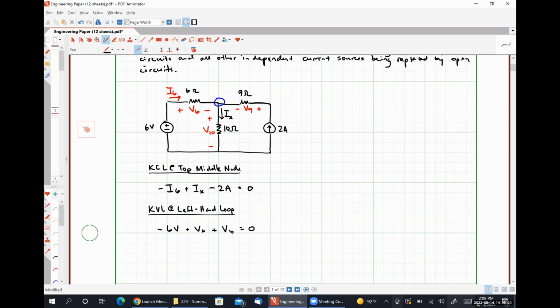And I now have 2 equations and 4 unknowns, but I can use Ohm's law to relate the quantities V6 and I6 and V10 and IX, right?